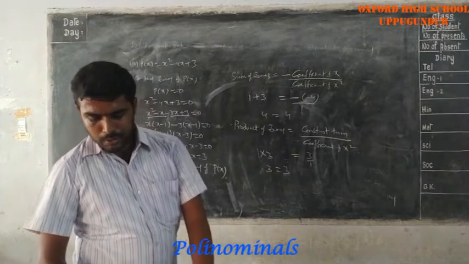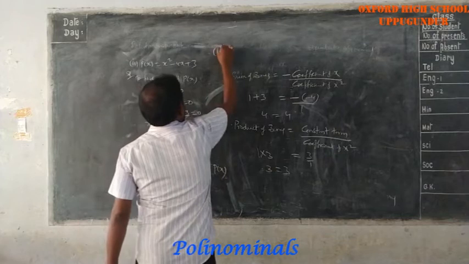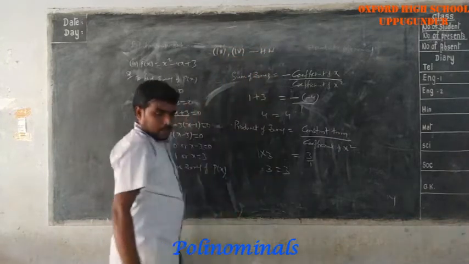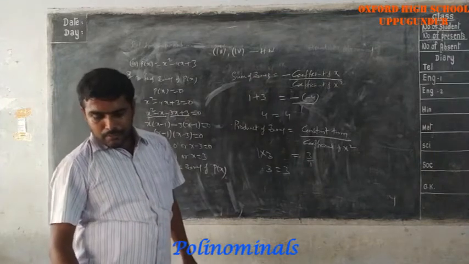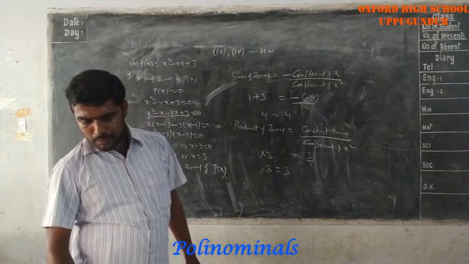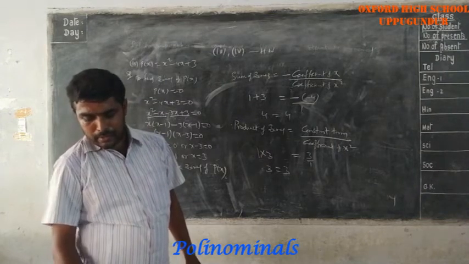Next in this Roman we have another two problems. So this third and fourth problems you have to do as homework. Next, in the same way you have to do example 3, example 4. Example 3, example 4 also you have to do in the same manner.